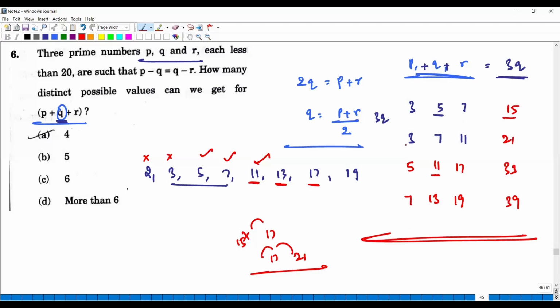Even though you can put multiple pairs here, you don't need to spend more time. You need a unique value of Q in between. So you can put 5 in between, 7 in between, 11 in between, 13 in between. So there are 4 possible.